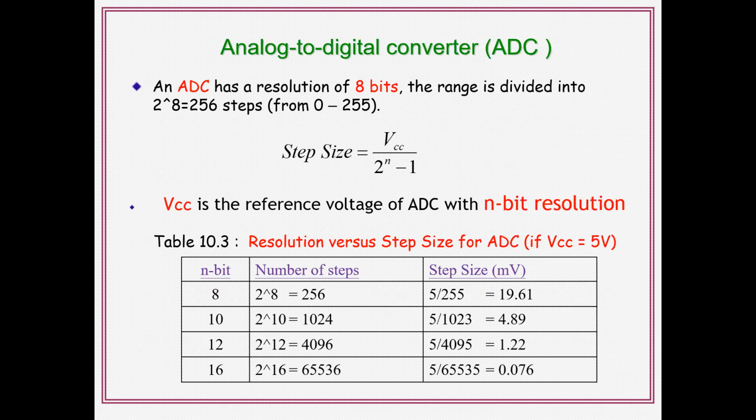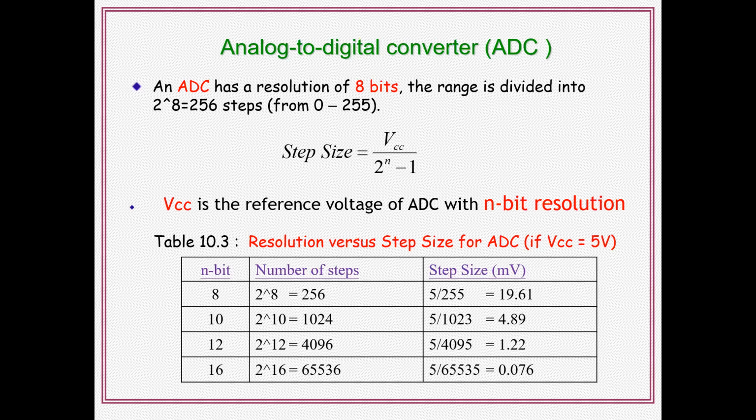The step size can be calculated with the help of the formula VCC divided by 2 power n minus 1, where VCC is the reference voltage of an ADC with n-bit resolution. In this table, we display the resolution versus step size for the ADC. Assume VCC equals 5 volts.